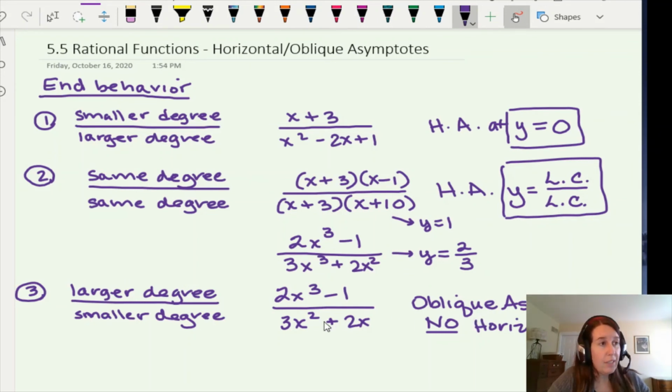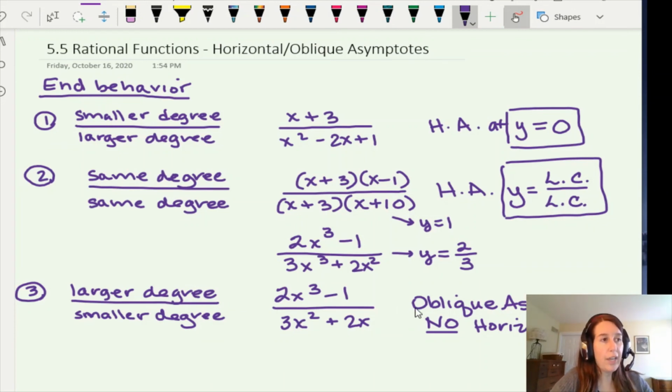What that means in this case, because it's 1 degree more, if you think about dividing 2x cubed by 3x squared, wouldn't you end up with an x as your term? So it will end up as a line, and it will be just a diagonal line. They sometimes call it a slant asymptote. Oblique also just means at a diagonal or at an angle.